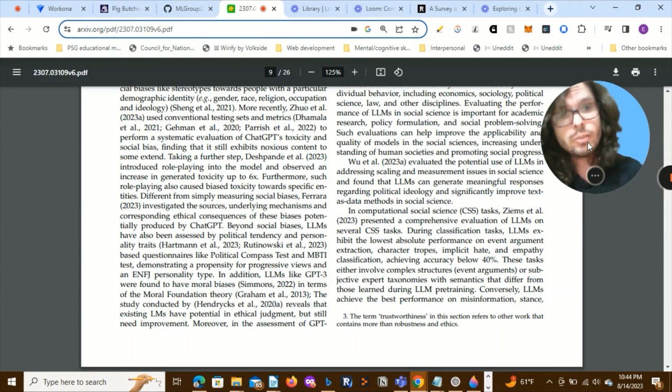Although in the papers themselves, which are specifically referenced here as Hartman and Rutanowski, Hartman is another one about political ideology. Rutanowski found that the score for ENFJ was relatively close to the median 50% mark between E and I, making ChatGPT kind of on the border between an ENFJ and an INFJ. In the online Myers-Briggs communities, that's typically referred to as an XNFJ, generally speaking.